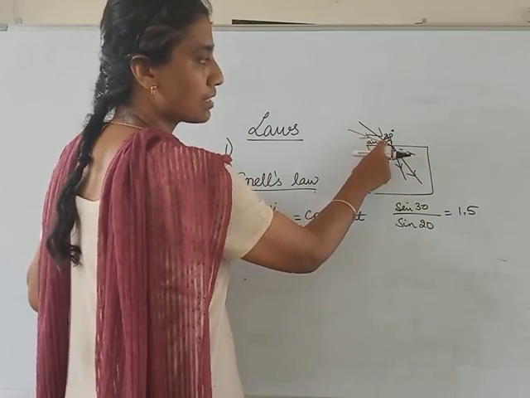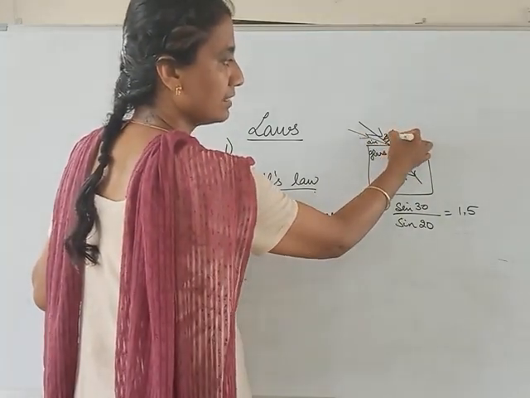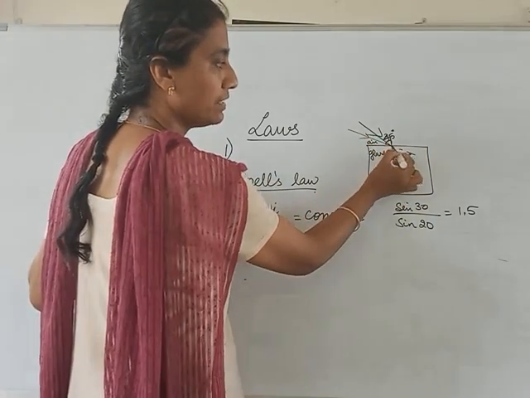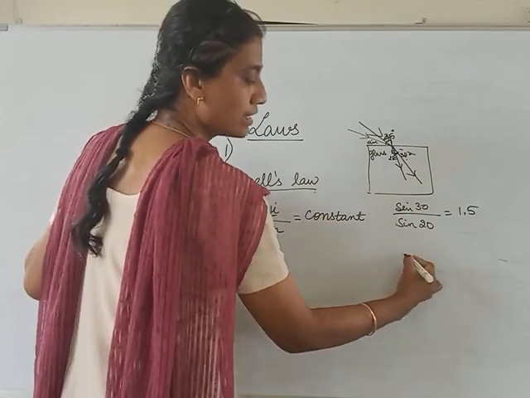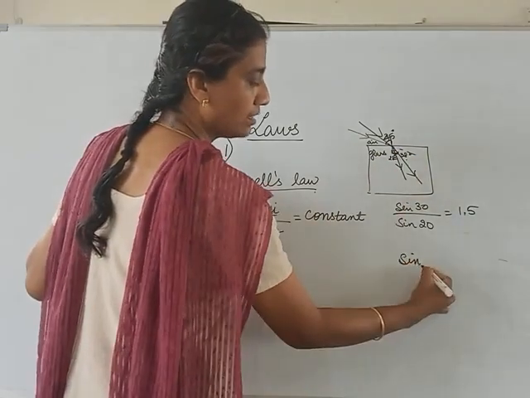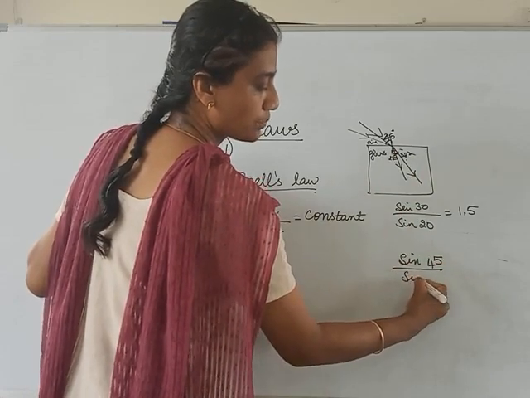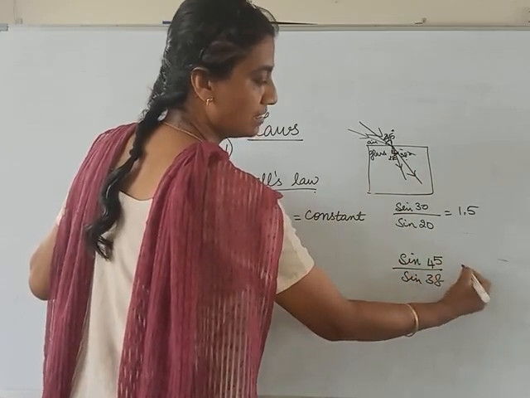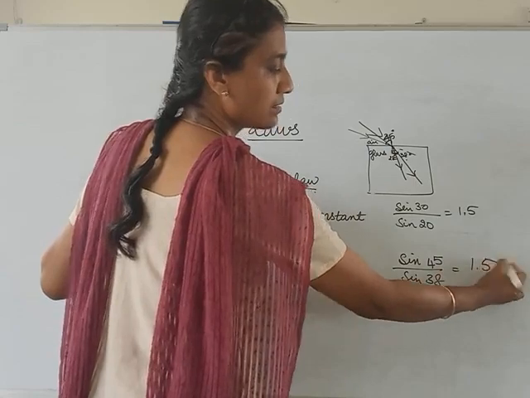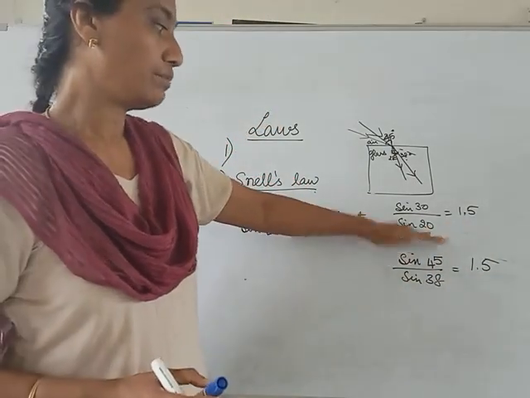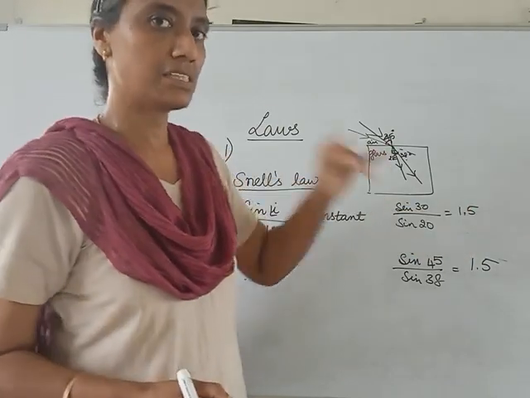When angle of incidence was 45, the angle of refraction was 38. So, if I find the ratio for the corresponding angles, then also the answer will be 1.5. Okay, so I'm not saying this is 1.5, I'm just taking an example.